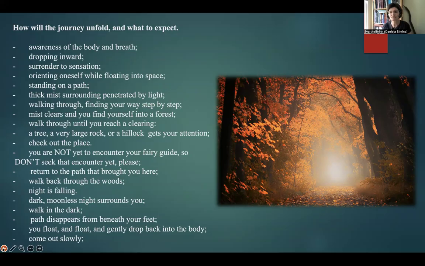getting softer, surrendering to sensation with each incoming breath, expanding with each outgoing breath, softening and dropping deeper within.